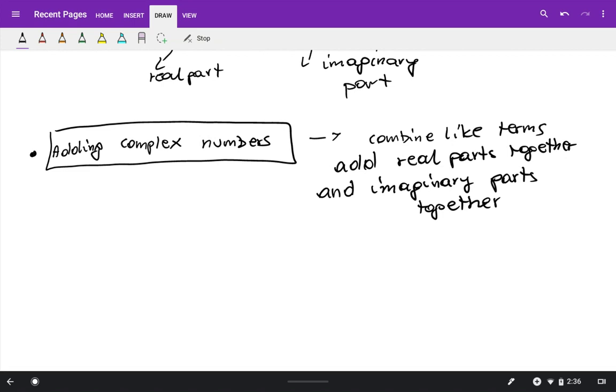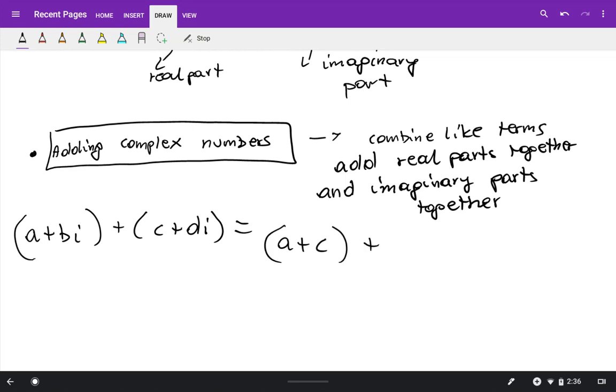So you have a plus bi, the first complex number, plus c plus di. What you're going to do is add the real parts together, which is a plus c, and then add the imaginary parts together, which is bi plus di. So put b plus d because you can factor that i outside.